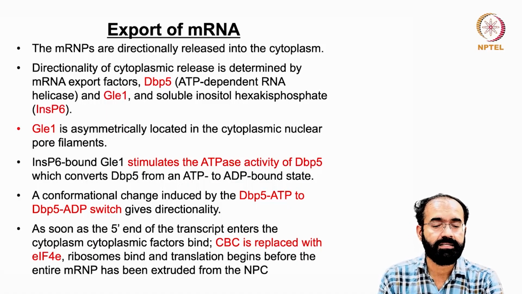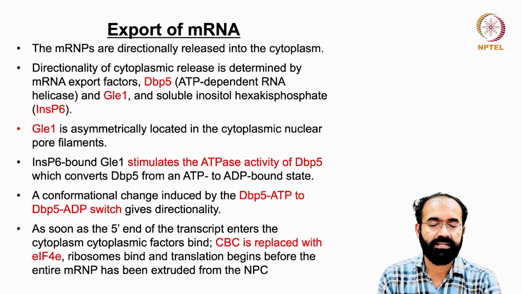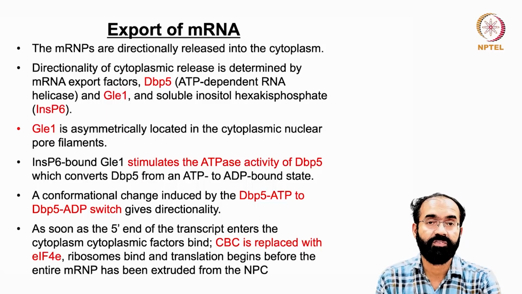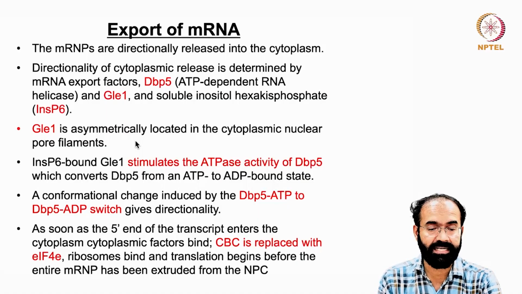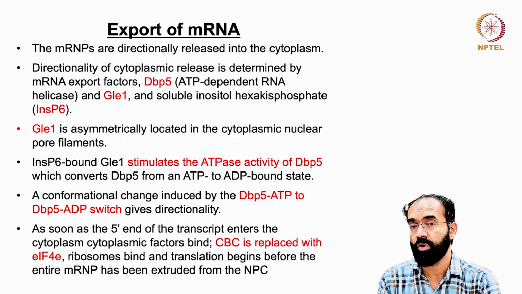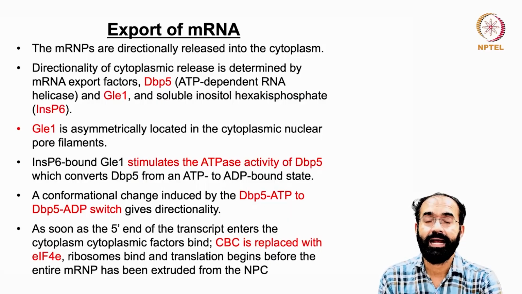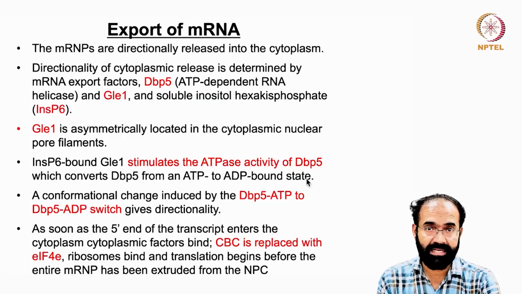And GLE1 is asymmetrically located in the cytoplasmic nuclear pore filaments. That means it doesn't look like a mirror image, they are distributed asymmetrically. And IP6-bound GLE1 stimulates the ATPase activity of DBP5, which converts DBP5 from an ATP to ADP bound state. Now you remember the role of RAN GTPase and the GAP protein, GEF protein, which were contributing to the utilization of GTP energy.